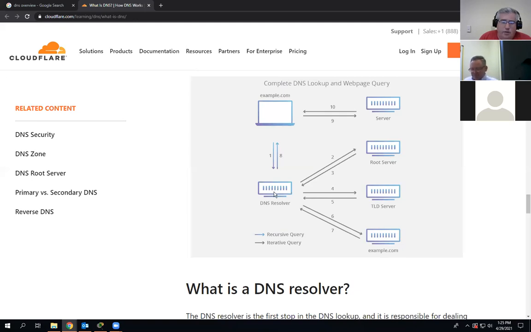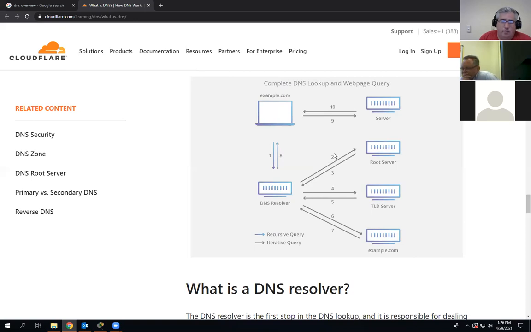So then the DNS resolver goes back to the google.com server, and you have www. Yes, that's another server. And so then it goes over to the actual server itself, www.google.com. So it gives it the address of it.